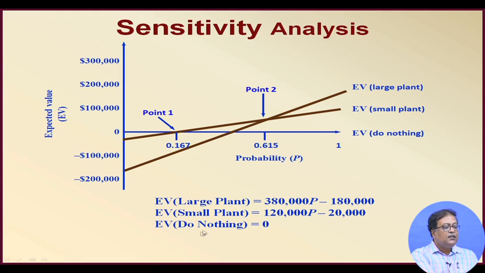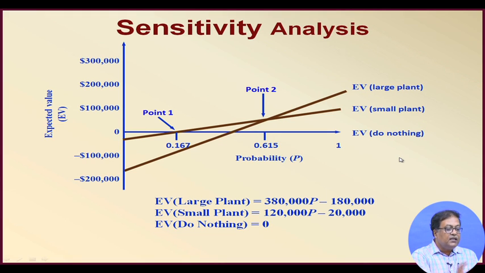On the other hand, the EV small plant has only minus 20,000 to begin with, but it has a smaller slope, and the two lines cut at a particular point, let us call it point 2. That is 0.615.